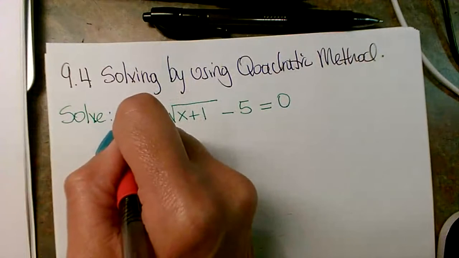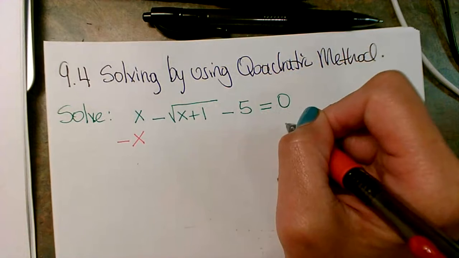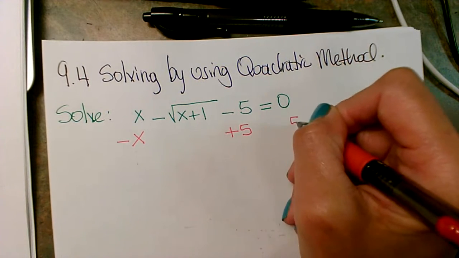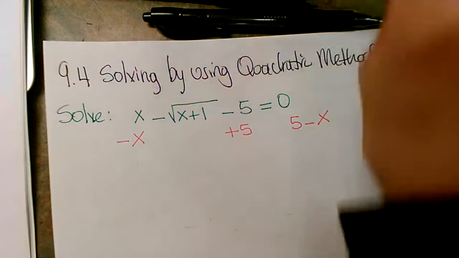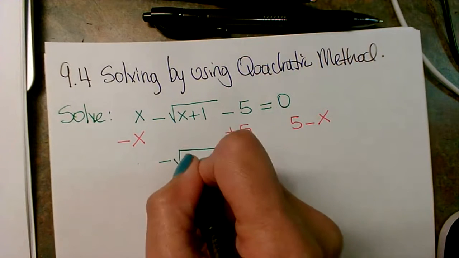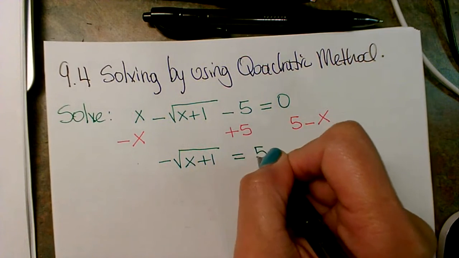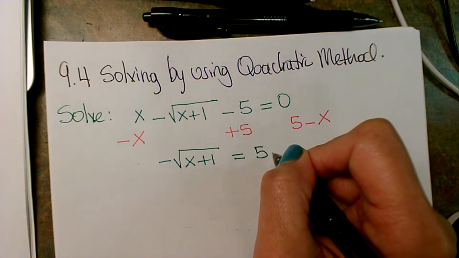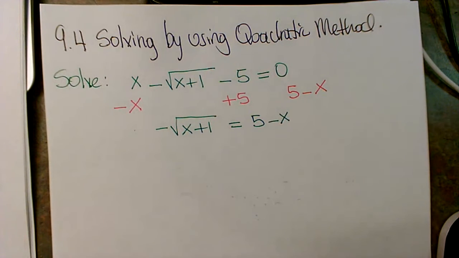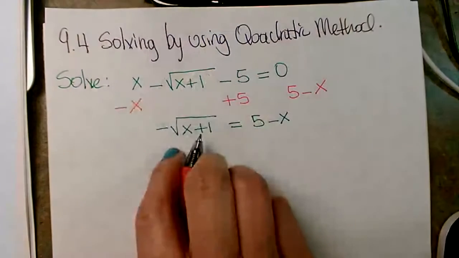So let's do it. I'm going to subtract the x on both sides and add the 5. So it's going to be 5 minus x. Now, before I do anything, I want to multiply by -1.